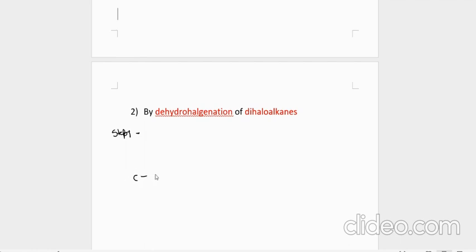So 1,2-dibromoethane means you're going to write down two carbon atoms with Br on each. So two Brs, they are written on the carbon atoms and the remainder of the hydrogen atoms. Okay, so this is our starting material, that is 1,2-dibromoethane.